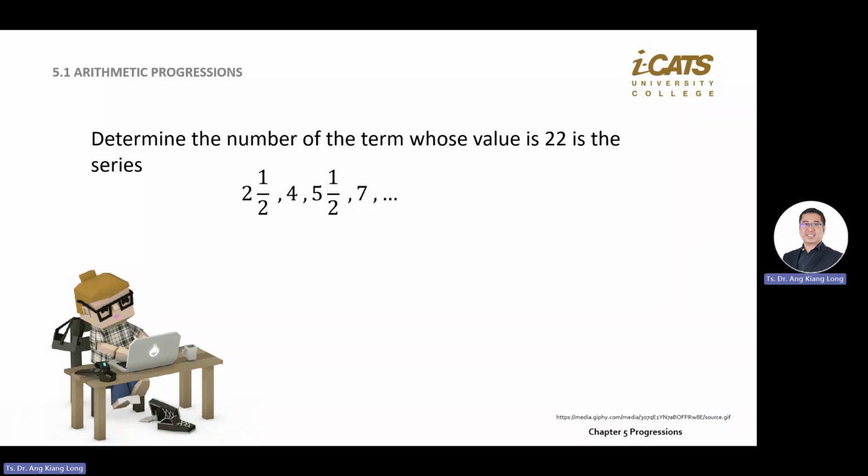Are you able to write in that form? Or you can check for the same D. You take the second term minus the first term, you get the first D, and then take the third term minus the second term. Do you get the same D? If you get the same D, then it's AP.